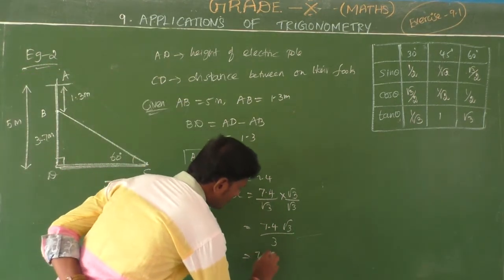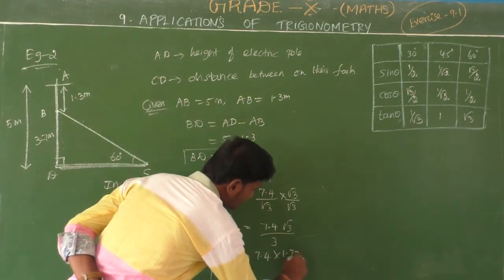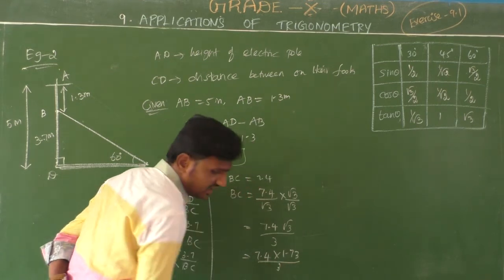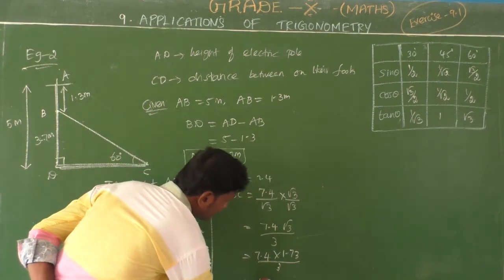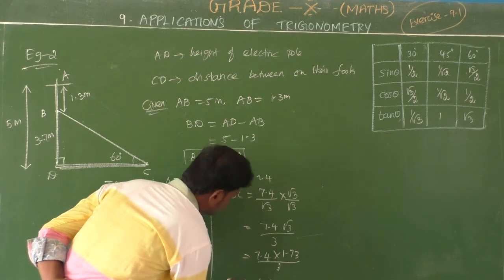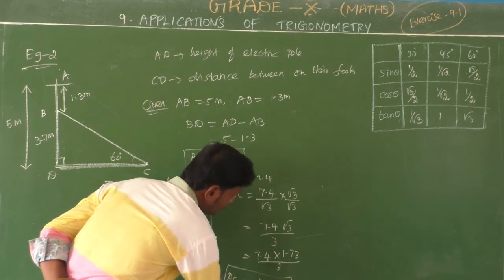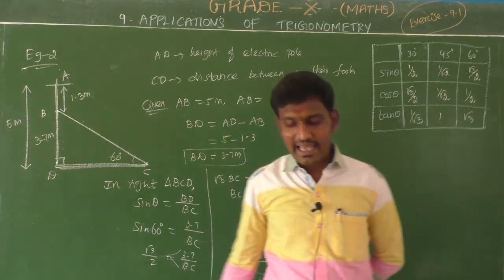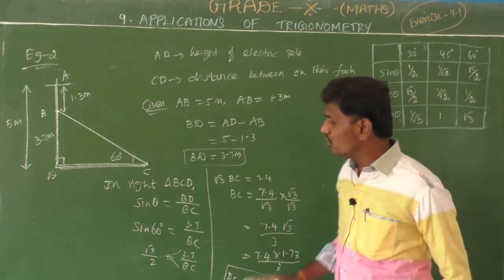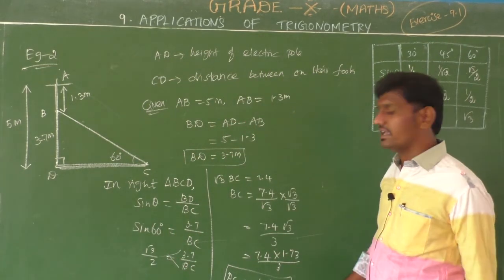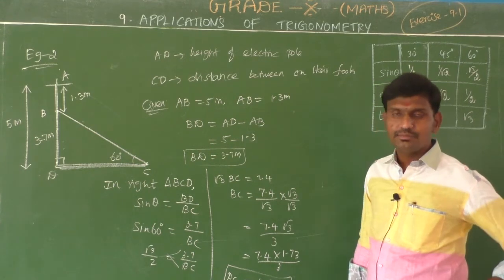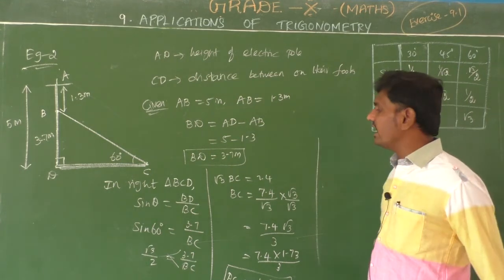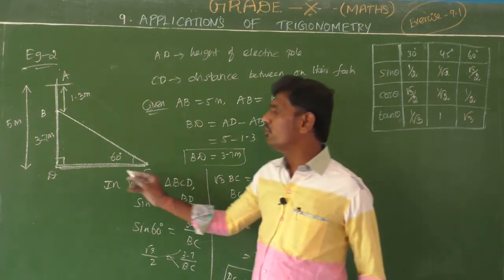So 7.4 into 1.73 whole divided by 3. Finally the answer you are going to get is 4.28 meter. So this is the length of the ladder. What is the length of the ladder that should be placed? 4.28 meter.